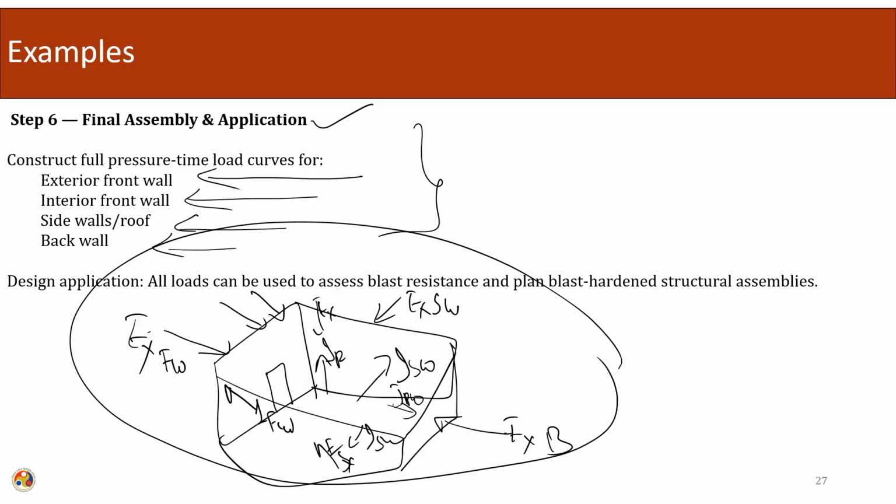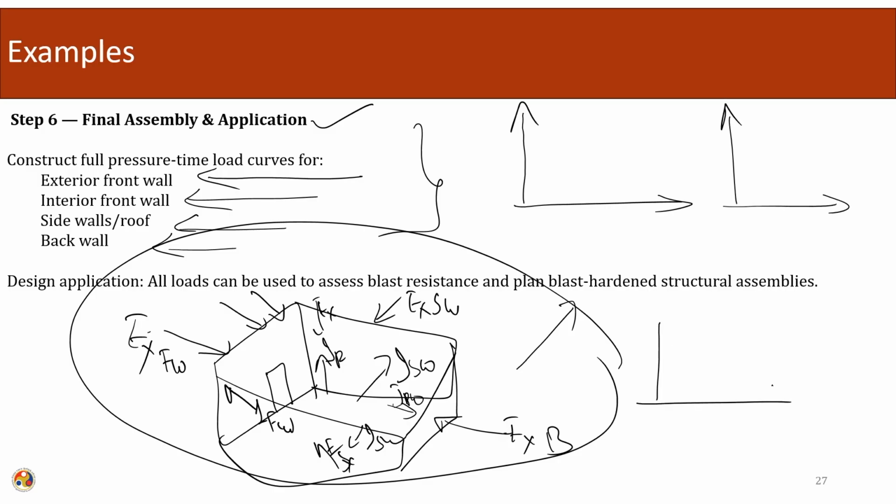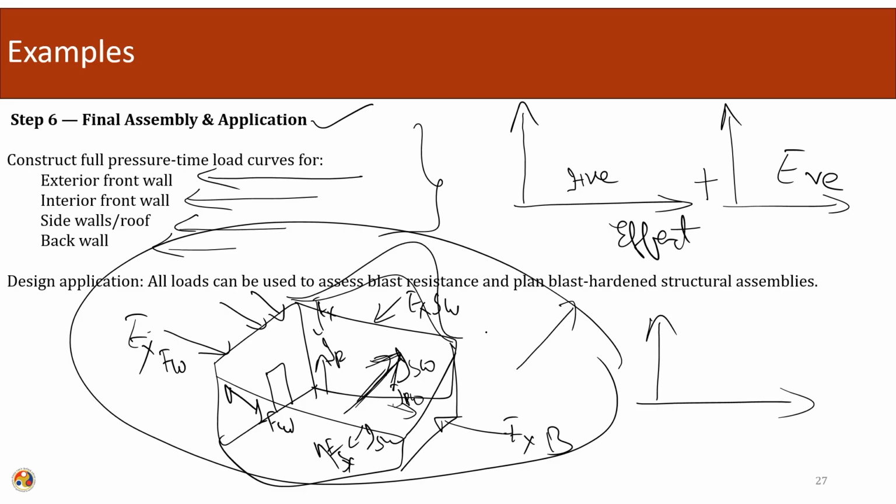Once we have all this pressure loading, we will augment the effect of these. We will take the effect of the interior positive, which will try to push the wall outside, and then we will take the effect of the exterior negative, which will also try to move it outwards.